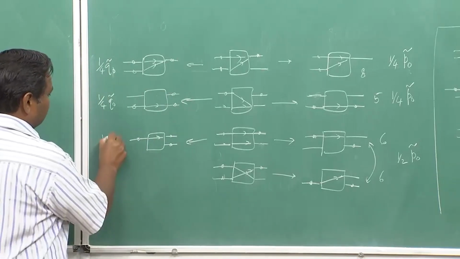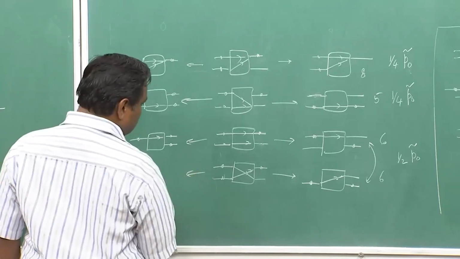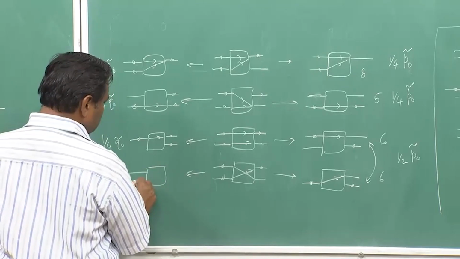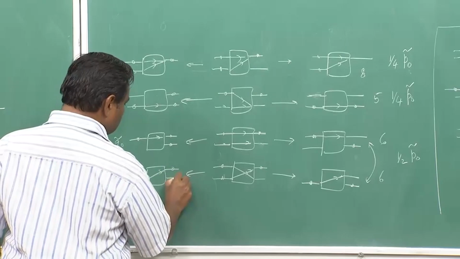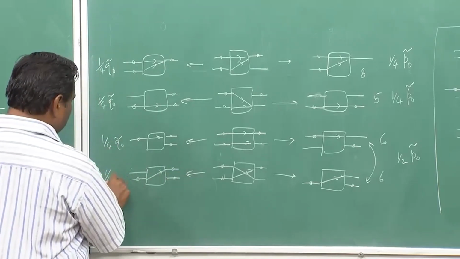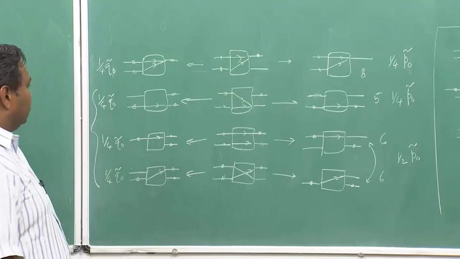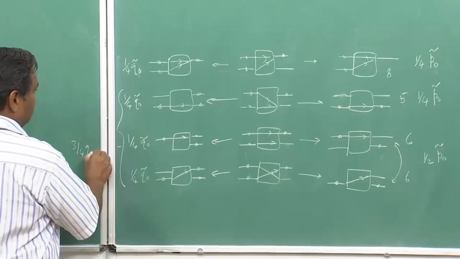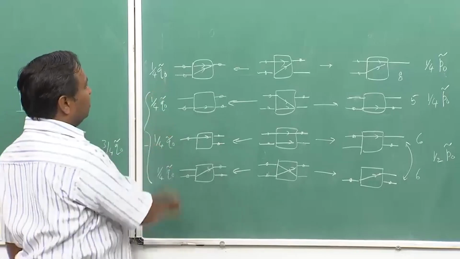So, this also happens with 1 by 4 q 0 tilde. In this scenario you will be having, so this is also same 1 by 4. So, these 3 actually I can combine together. So, this will be 3 by 4 q 0 tilde, 1 by 4 q 0 tilde.